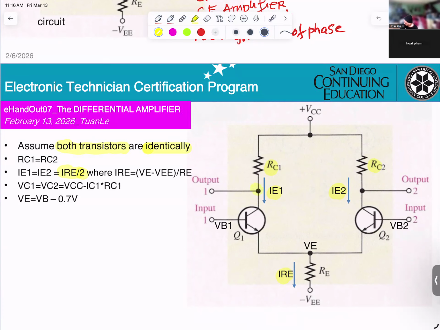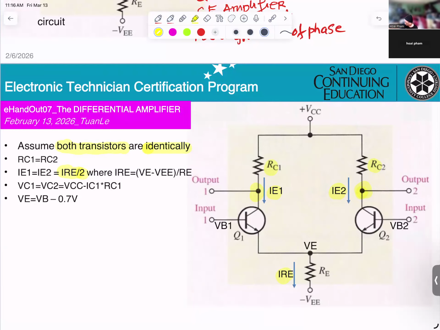VC1 or VC2 equals VCC minus IC1 times RC1. Okay? Same thing for the other.